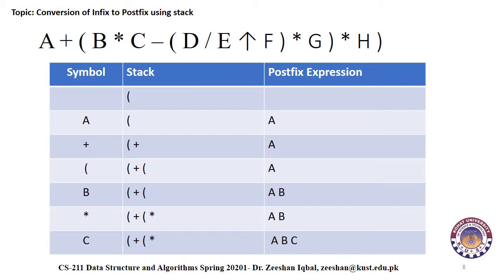So we will check if the top position of the stack contains any operator. As we can see, there is no operator on top, so we will push the star operator on the stack directly. Next is C. C is an operand.